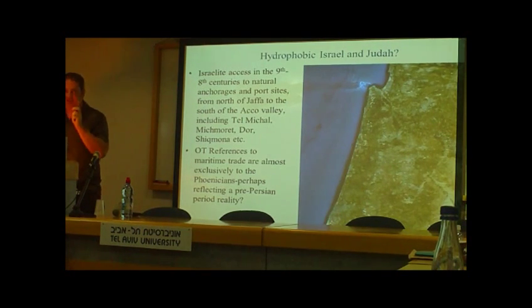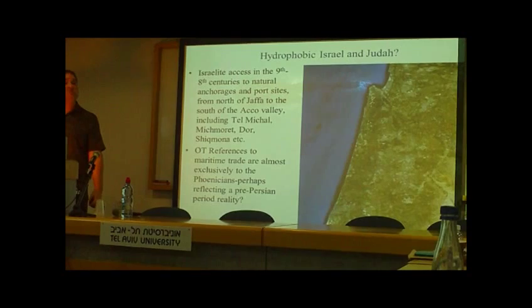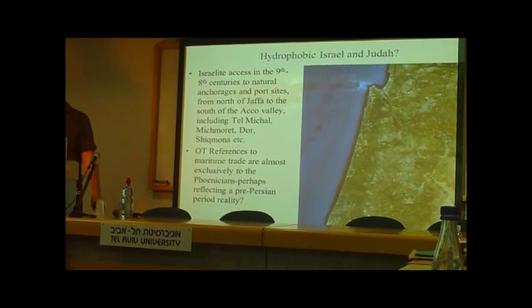The other thing which I would pose as a problem is the fact that Israelites had access in the 9th and 8th century to natural anchorages and port sites from north of Jaffa, because Jaffa was in the domain of the kingdom of Ashkelon, all the way to south of the Akko Valley, meaning basically to the end of the Carmel Ridge. All this vast area had very nice anchorages.